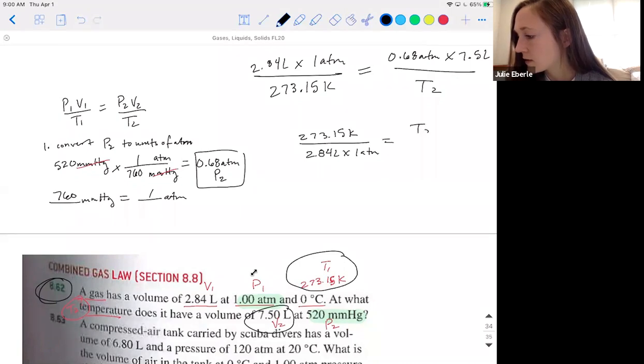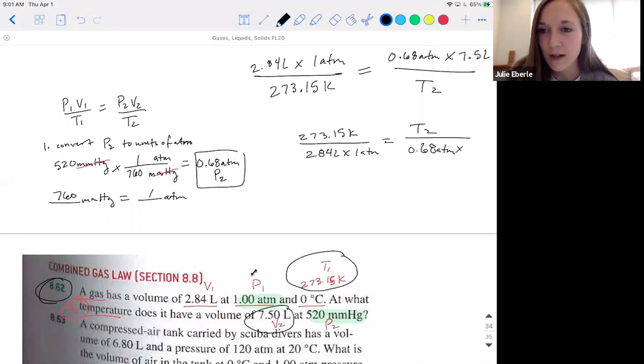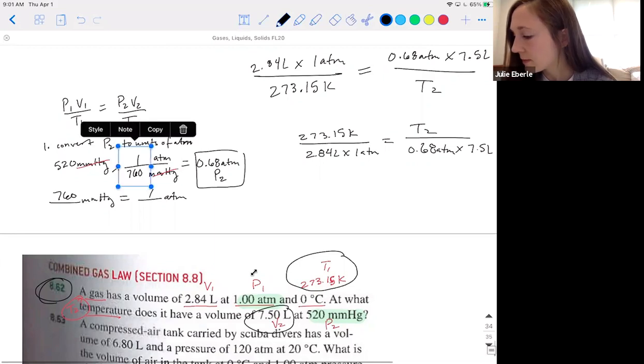That equals, now T2's on top, 0.68 times 7.5 liters. I can speak faster than I can write, so as I'm speaking, I start to write what I'm saying in all the numbers.